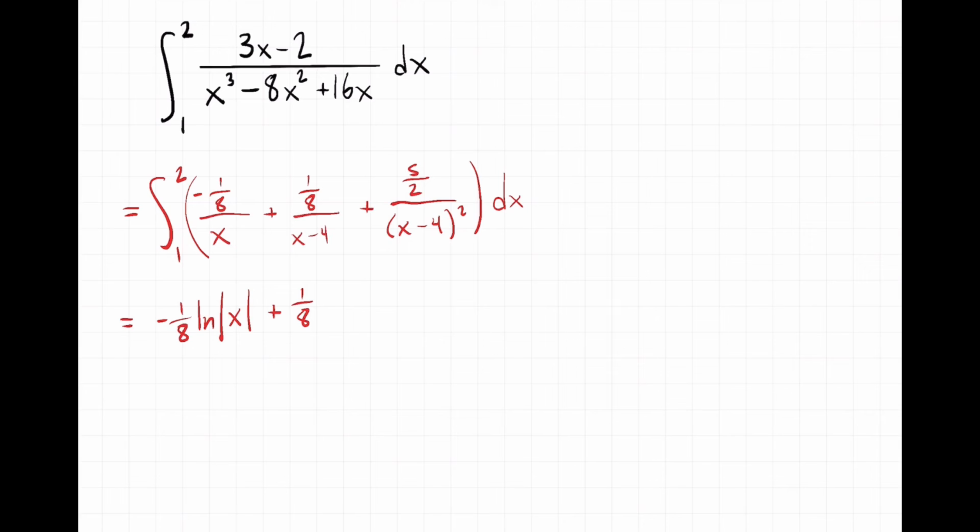We know the antiderivative is going to be the natural log of the absolute value of x minus 4, and we have to divide by the coefficient on the x, but there isn't one, it's just 1, so dividing by 1 doesn't change anything. Plus 5 halves. Now, what we have here is an (x minus 4) to the negative 2, essentially. So we could do a u sub there, it would be a u to the negative 2.